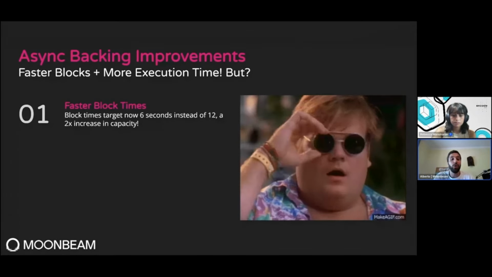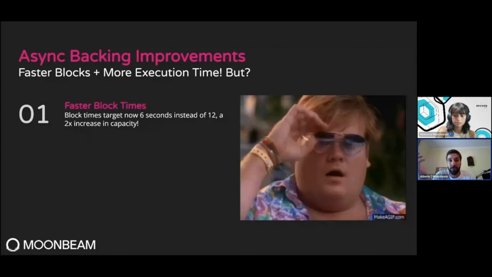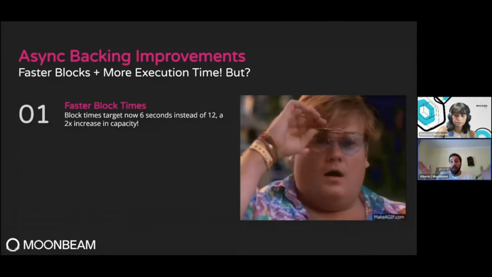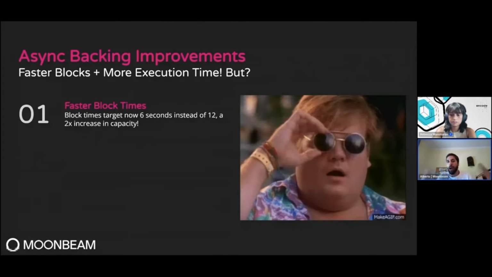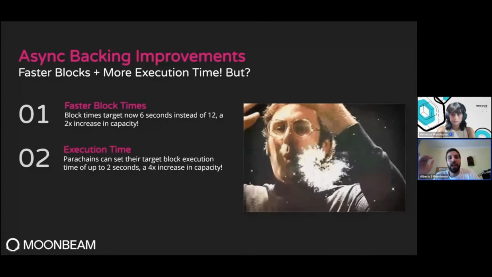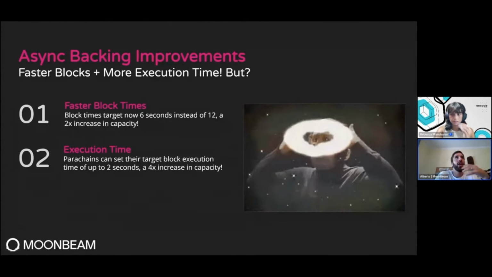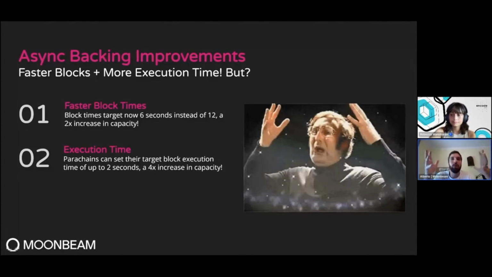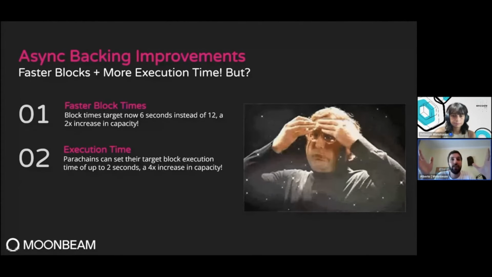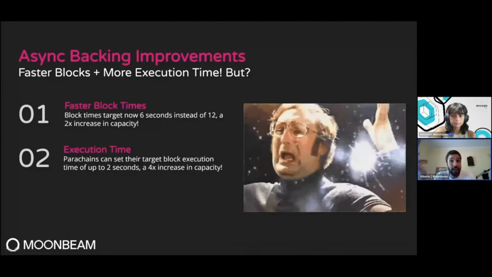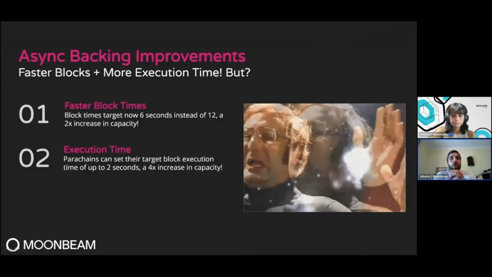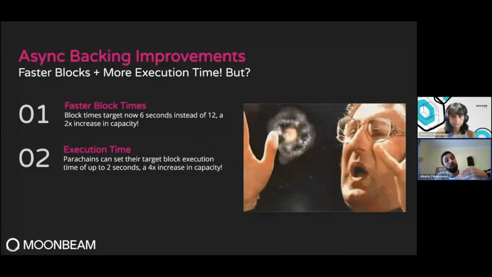This means that you increase capacity by 2x, because in a minute you're producing more blocks. The execution time, we talked before that all the transactions in Moonbeam could only happen in 0.5 seconds, let's say 50 million gas. But now we can increase that to 2 seconds.